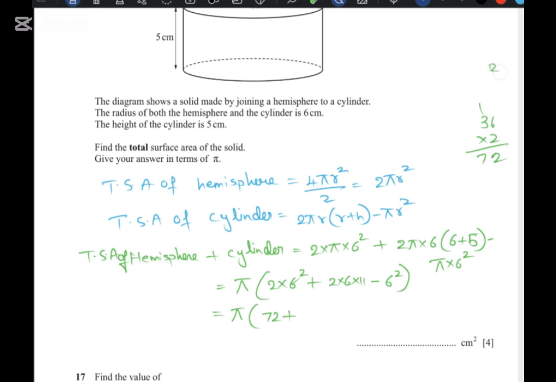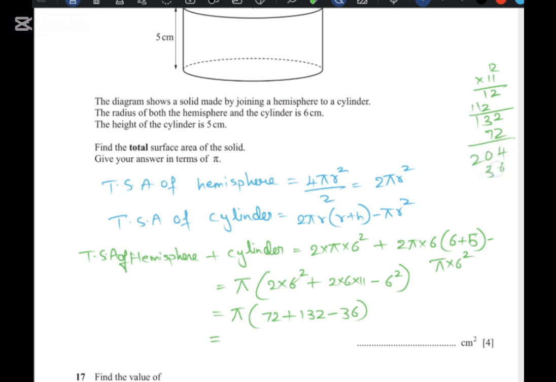12 into 11 is 132. Now add these two, 72 plus 132, you get 204.